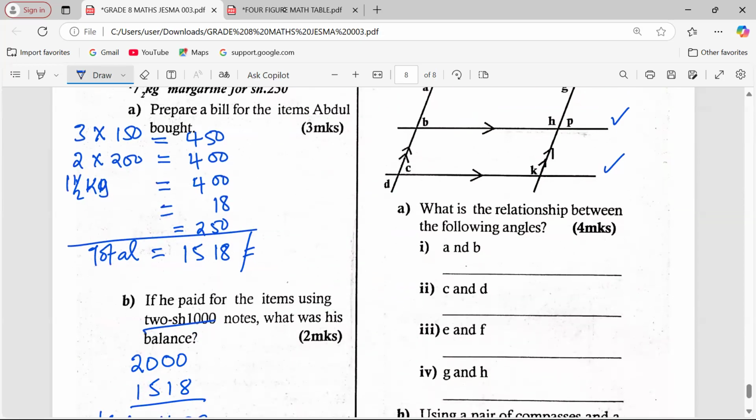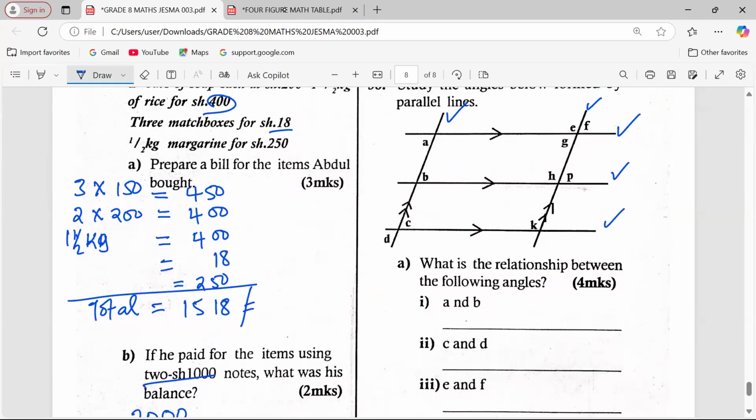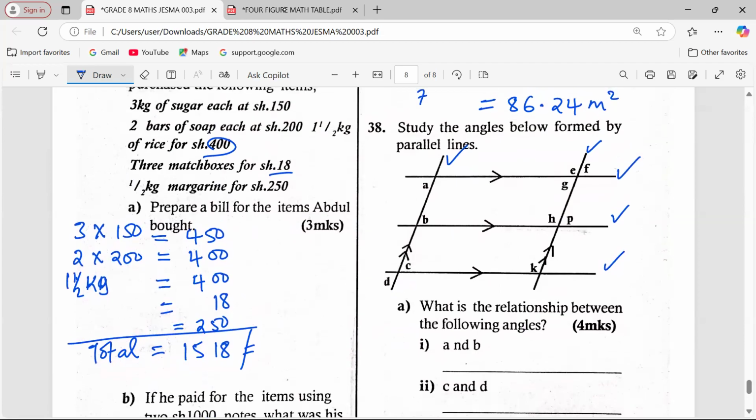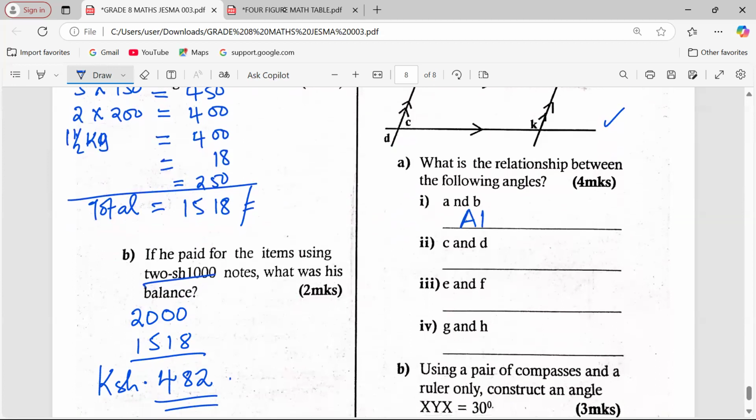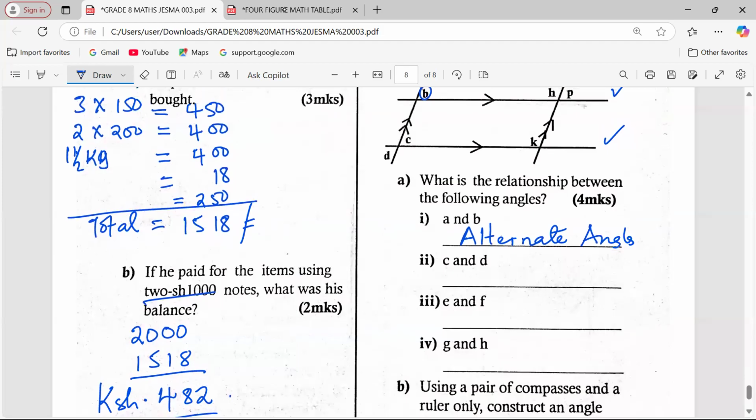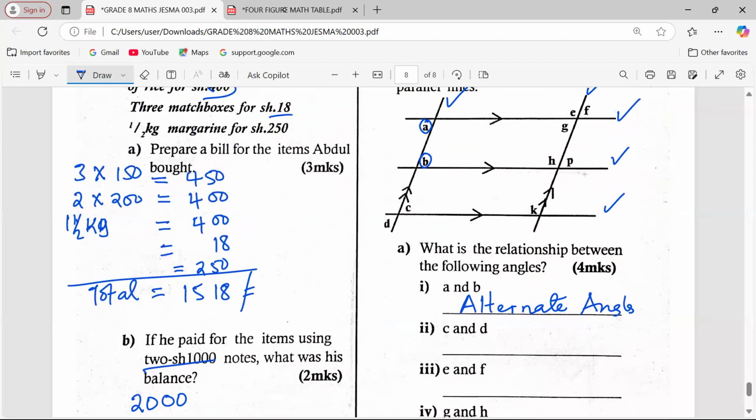But getting to the question, what is the relationship between the following angles, A and B? Angle A and B, angle found here and another one here. These are said to be alternate angles, and alternate angles are usually equal. That is what you should know about them.